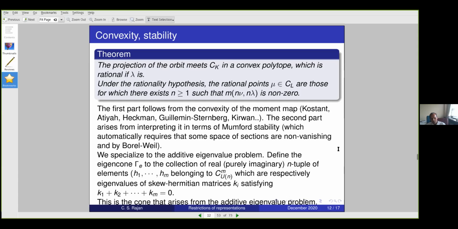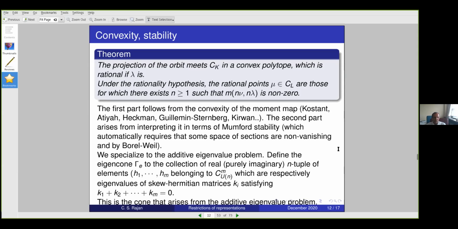So this is the space which you want to identify. I was looking at Hermitian matrices, but if you take a Hermitian matrix, then i times a Hermitian matrix is skew-Hermitian, so you can move back and forth between Hermitian and skew-Hermitian. That's not a serious issue.